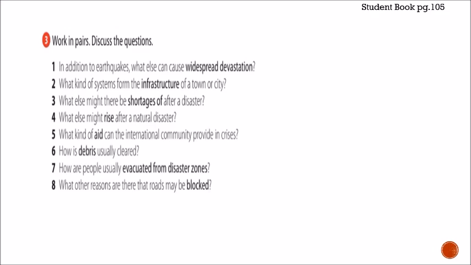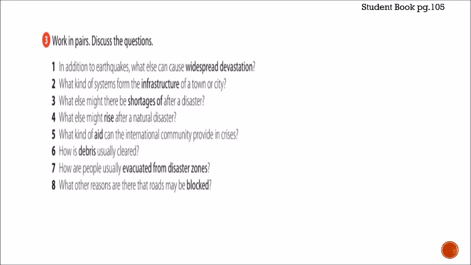Now, what kind of systems form the infrastructure of a town or a city? So there can be green areas, there can be buildings, there can be spaces where there's only houses. Those are all the systems of the infrastructure, right? And all of them can suffer any kind of damage and need to be rebuilt later on.